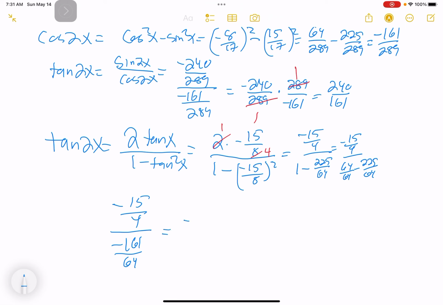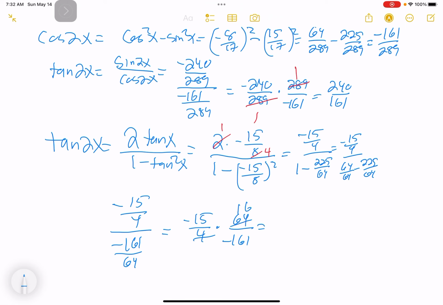It's like saying negative 15 over 4 times 64 over negative 161. And the 4 reduces with the 64, leaves a 16.